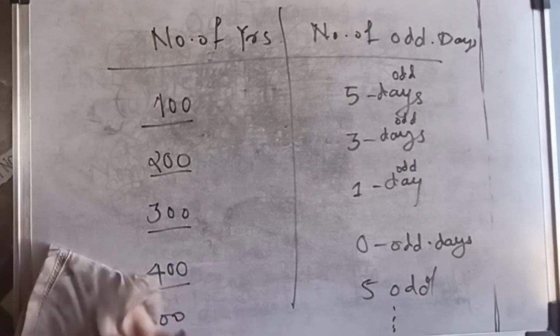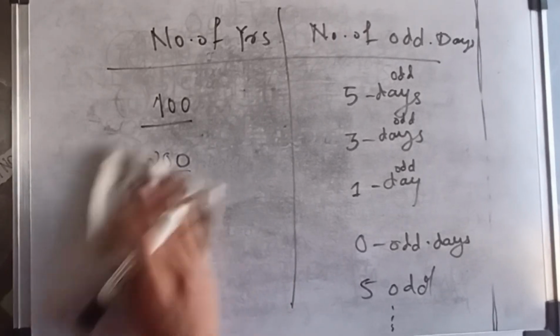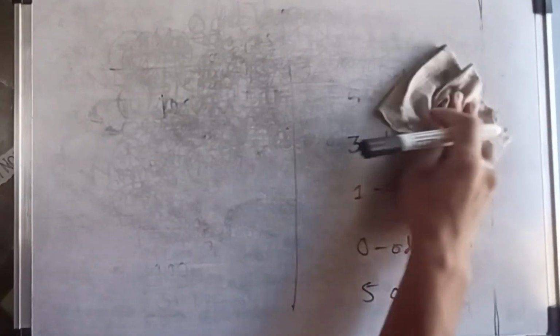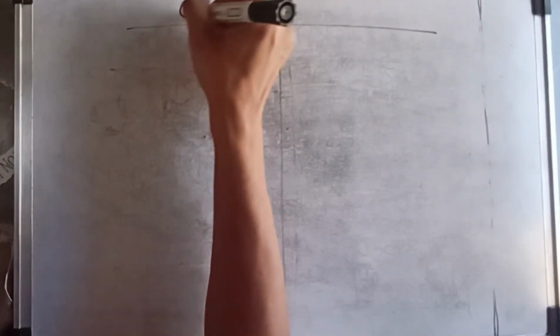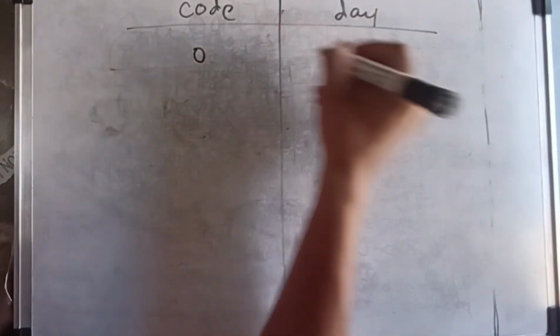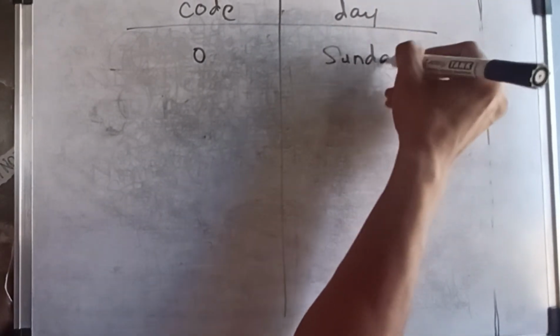Now we have learned every topic; we have one topic remaining, that is the coding for the odd days. We will just cover it in a simple table: code and day. For 0, it is Sunday.